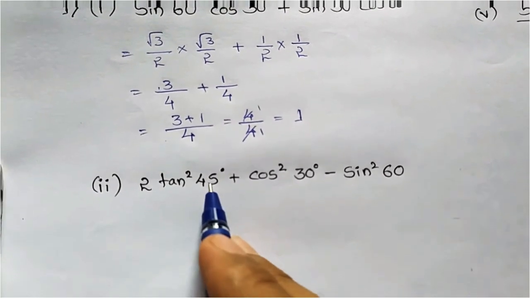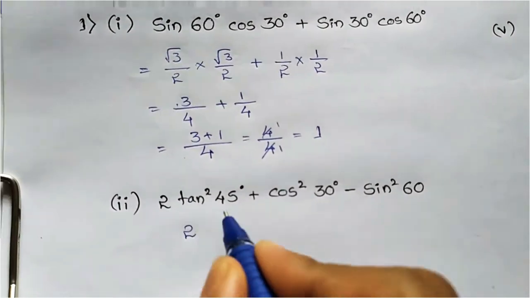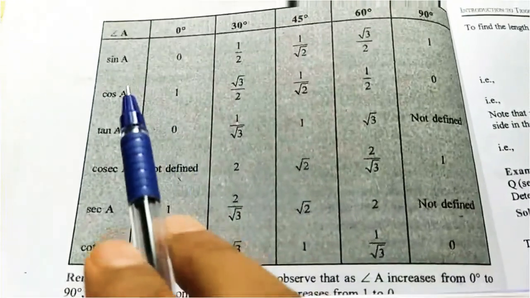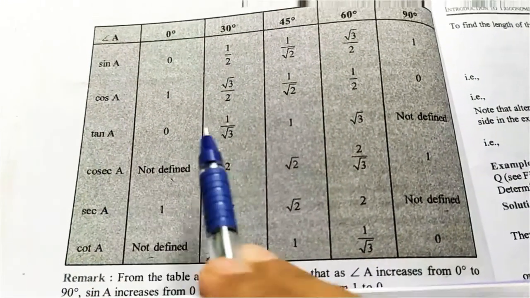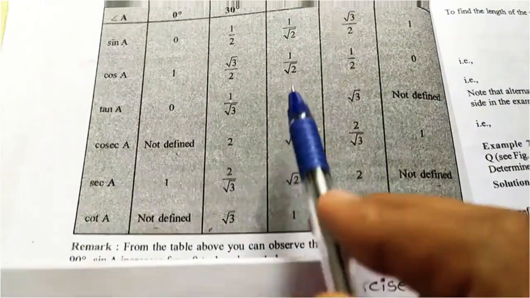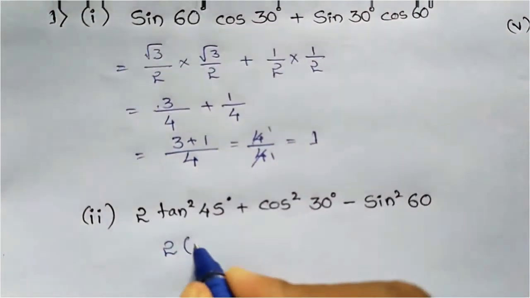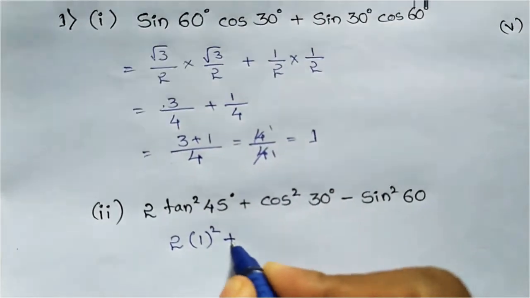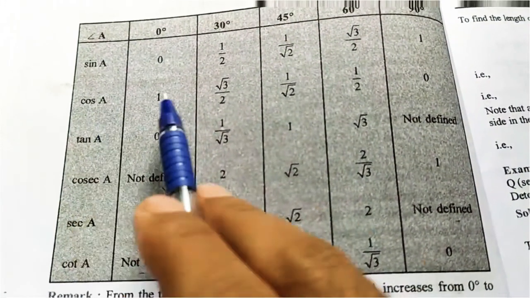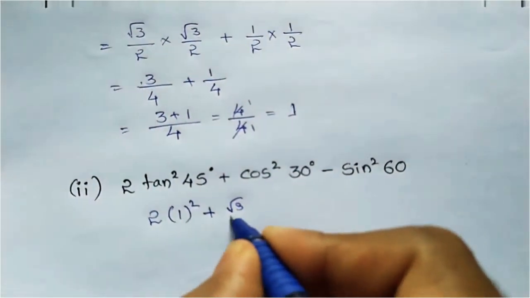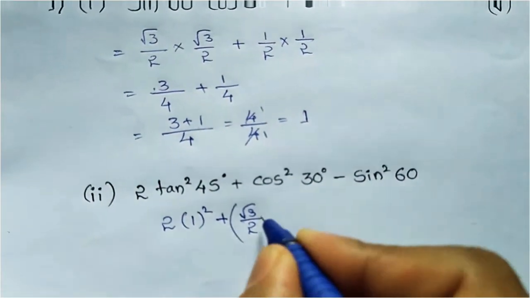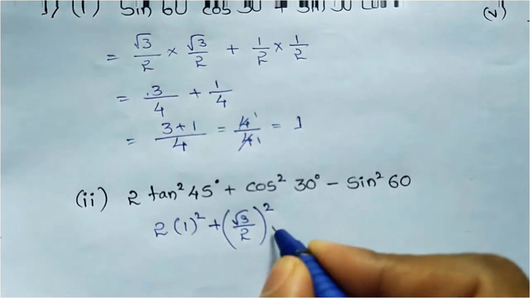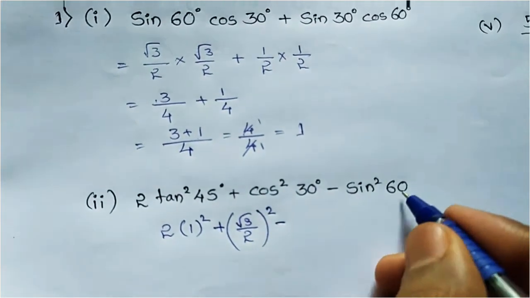Now 2 tan square 45. See here, tan 45 is 1, and since the square is there, make it square, 1 square, plus cos square 30, cos 30 is root 3 by 2 whole square, minus sin square 60.